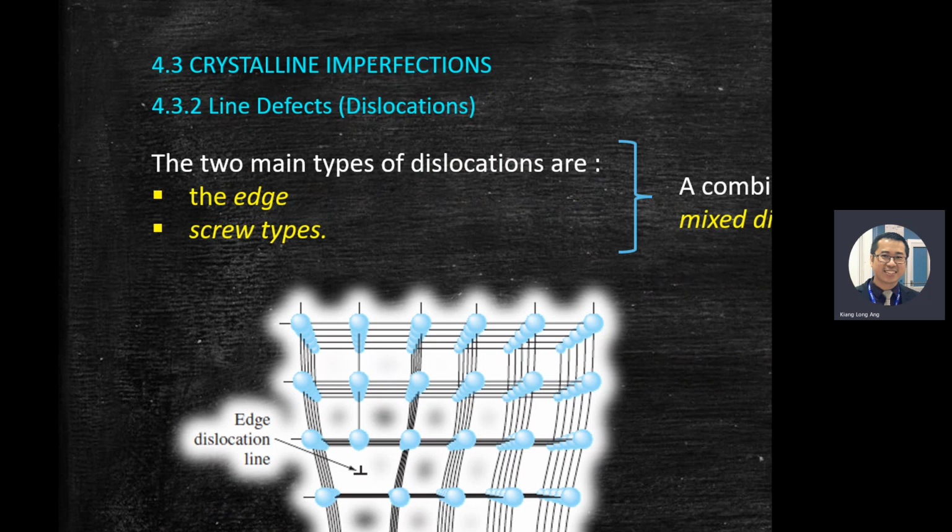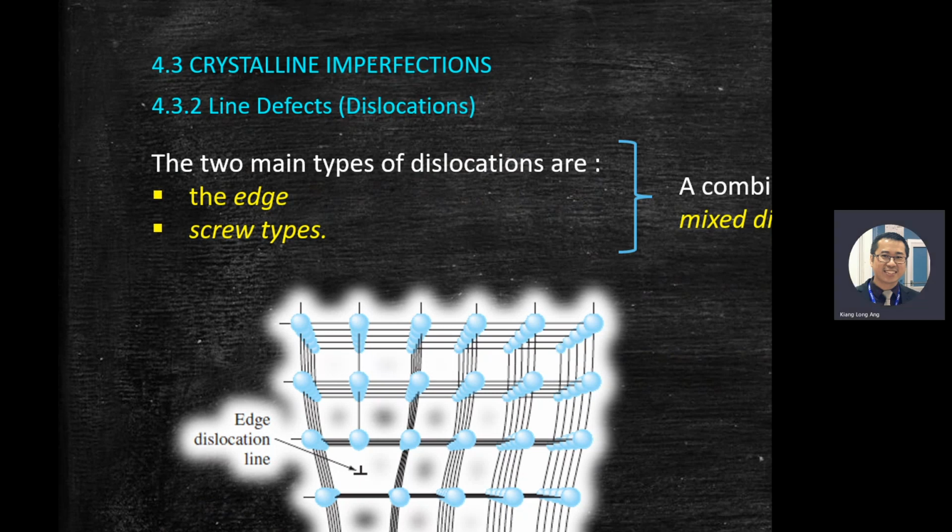So I'll show you the first one. It's called edge dislocation. What do I mean by edge? There are missing atoms at this site. So this one is like 1, 2, 3, 4, 5, 6. The one that I pointed at the center of the screen here, you have six rows of atoms.